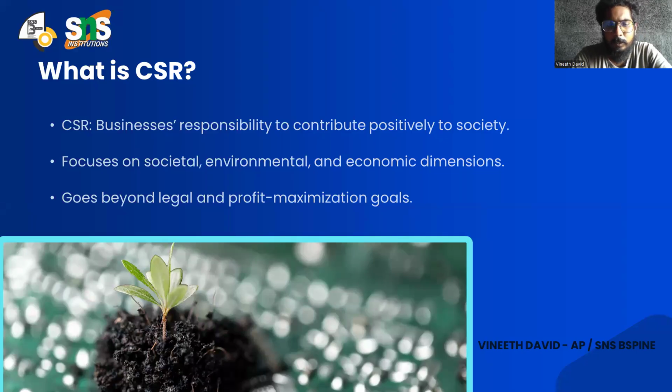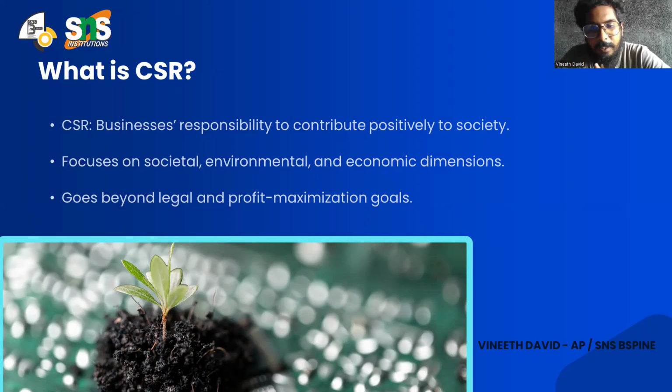What is CSR? In this session we are going to see what CSR is and how it works. CSR is a business model where companies are accountable for their social, environmental, and economic impacts. The key here is that CSR goes beyond legal compliance or profit making.